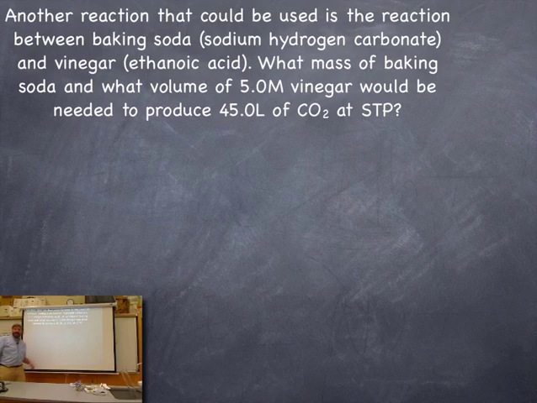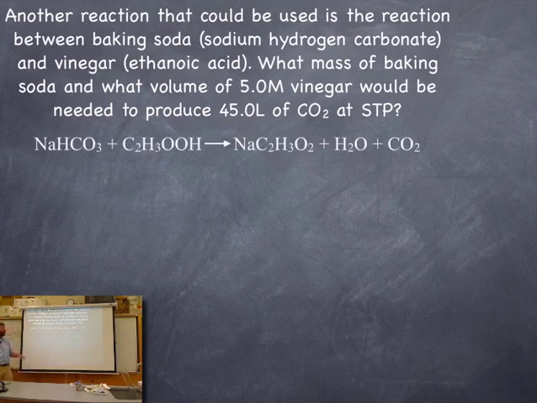All right, do you have this? I'm just going to show the equation. I don't want people to get stuck on not having the equation. So this should be your balanced chemical equation. Sodium hydrogen carbonate, and ethanoic acid, which is like the acetate ion plus a hydrogen.